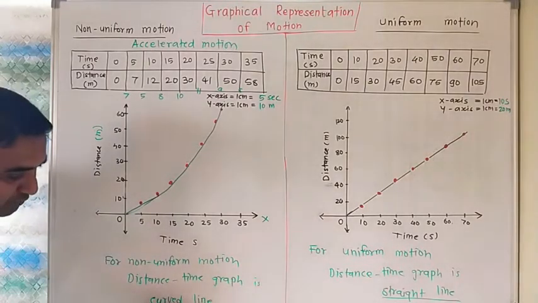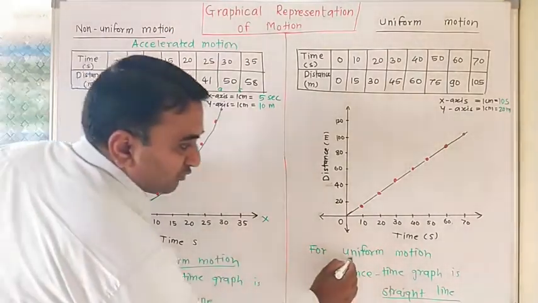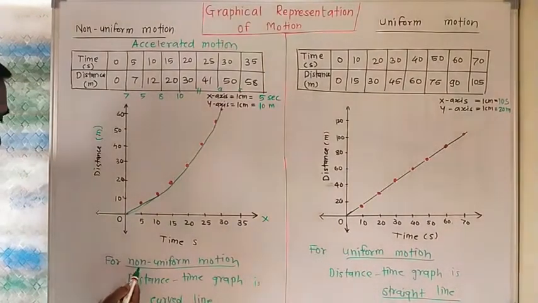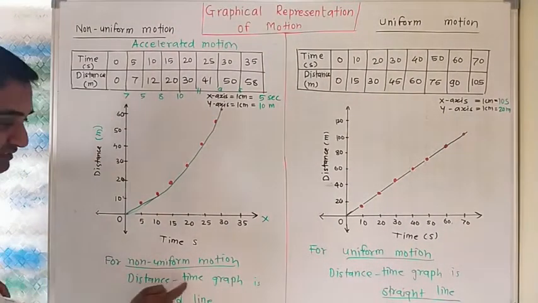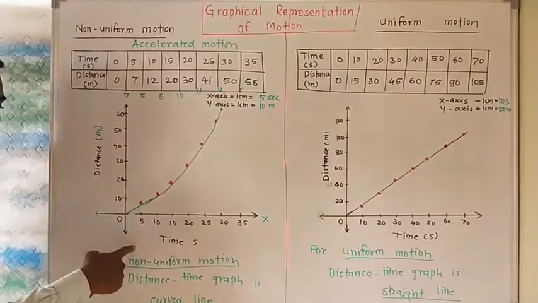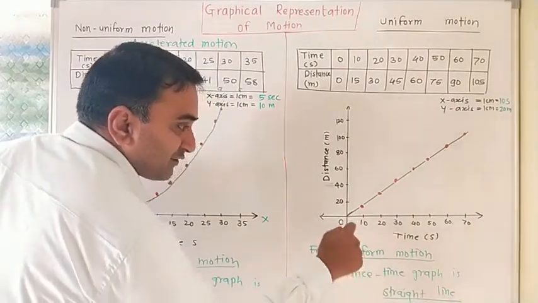So this is important, curved line. For uniform motion, this graph is a straight line, and for non-uniform motion, the graph is a curved line. So conclusion, if the distance time graph is a curved line, then motion is non-uniform. If the distance time graph is a straight line, then motion is uniform.